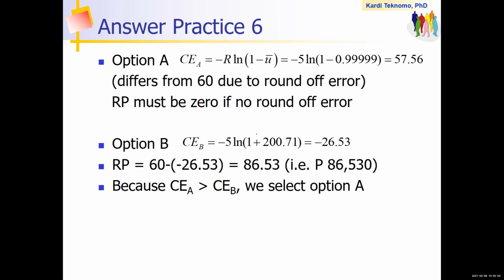So in that case, because CEA is larger than CEB, then you will select option A. So here, we just show in this practice that you can actually, okay, extend the utility theory, okay, not just to calculate based on utility, but also calculate based on certain equivalent.